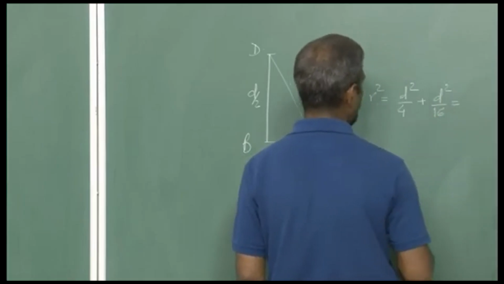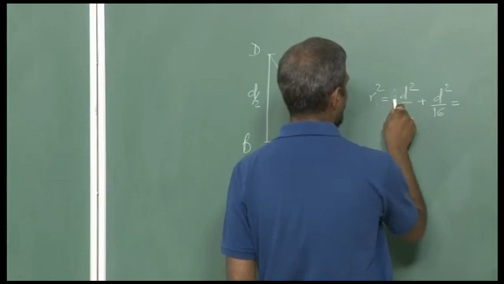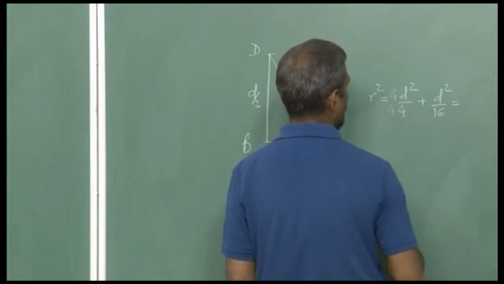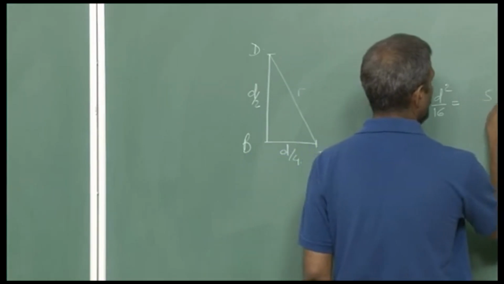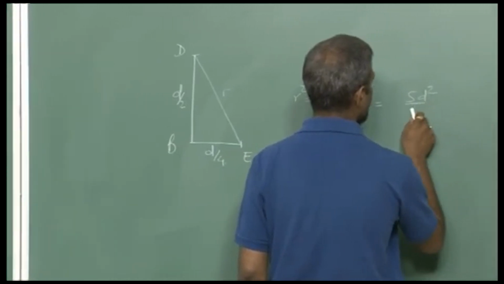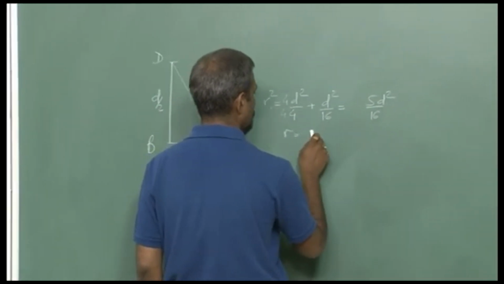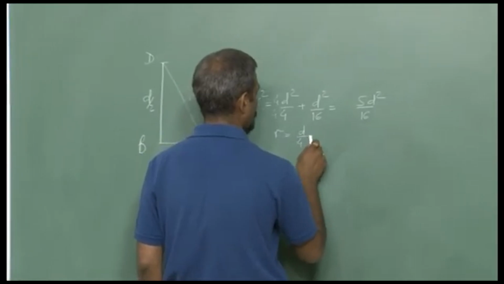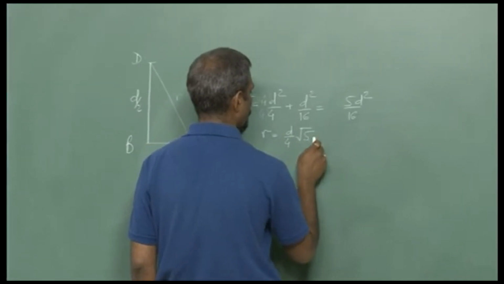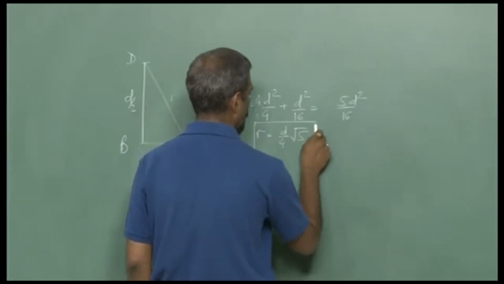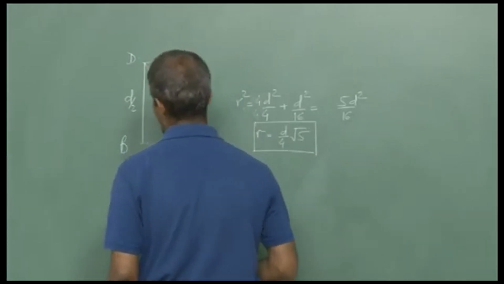This is equal to, if I multiply and divide by 4 here, 5 d squared over 16, implying that r is d over 4 times root of 5. All right.